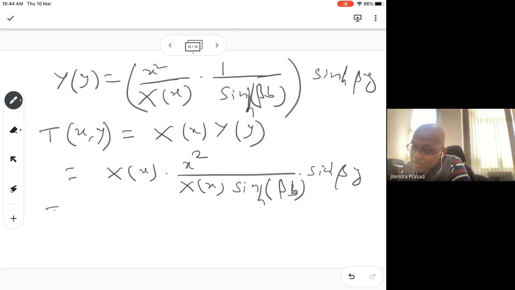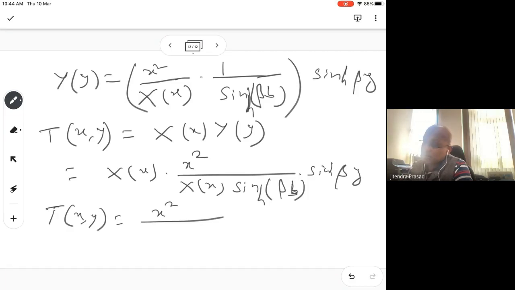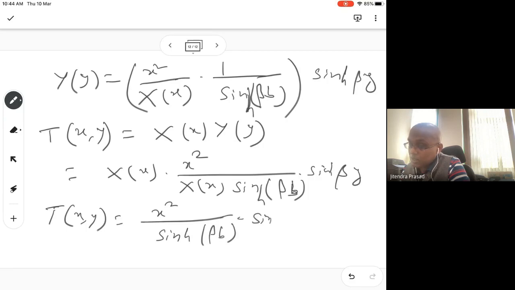So finally we have txy equal to x square over sine hyperbolic beta b and sine beta y.